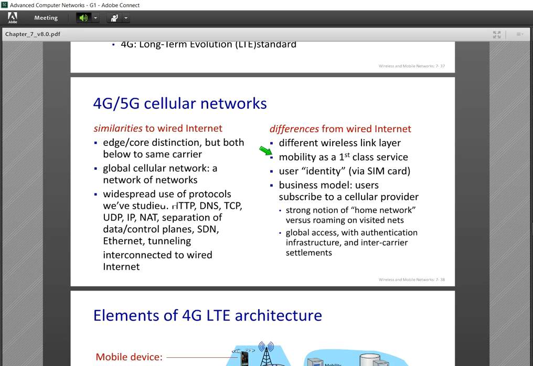The second difference between these two connections is that here in the cellular network, the users can be mobile. In other words, I can say mobility is the number one, the first-class service of a cellular network. That is great.